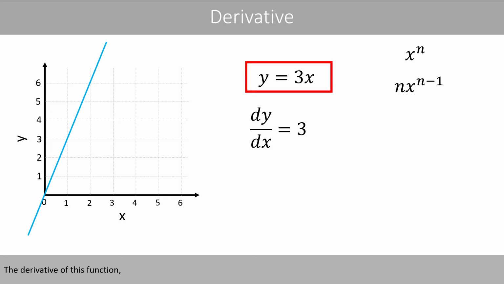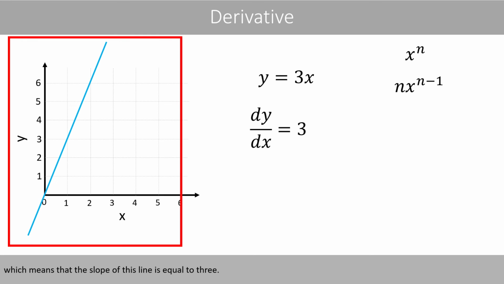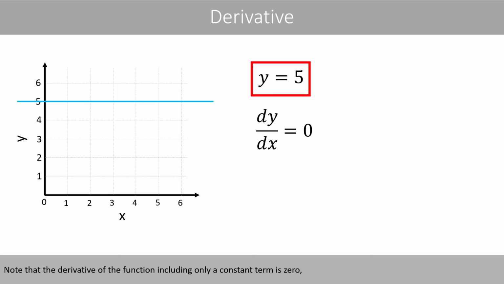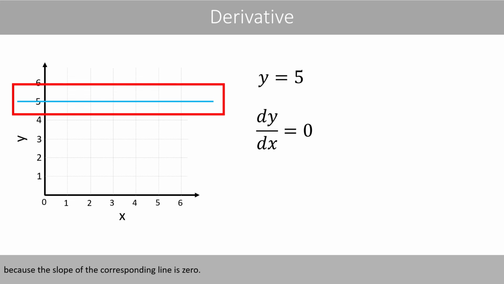The derivative of this function is therefore equal to 3, which means that the slope of this line is equal to 3. Note that the derivative of a function including only a constant term is 0, because the slope of the corresponding line is 0.